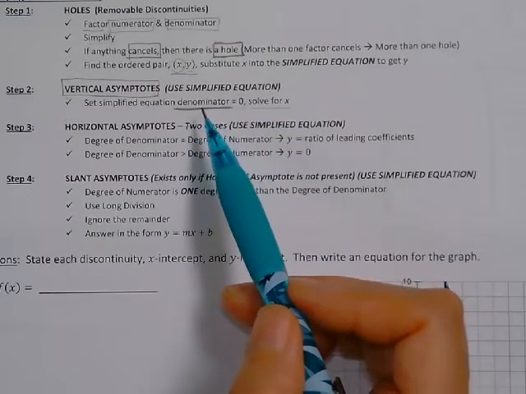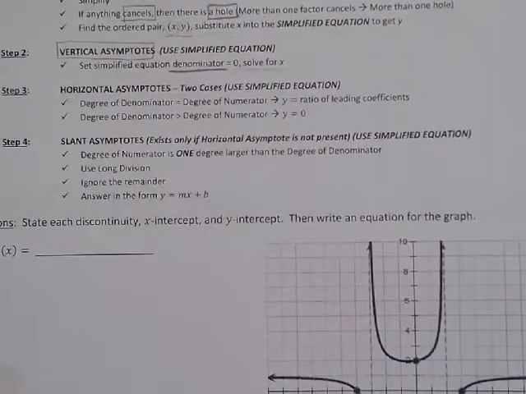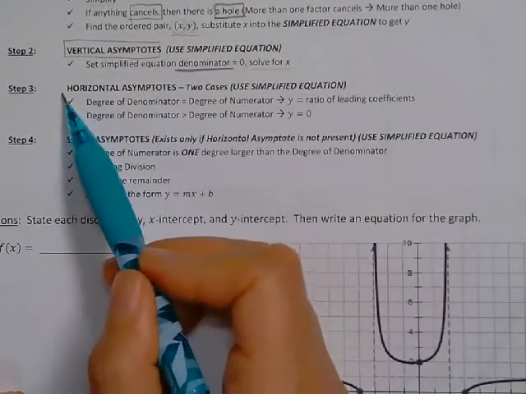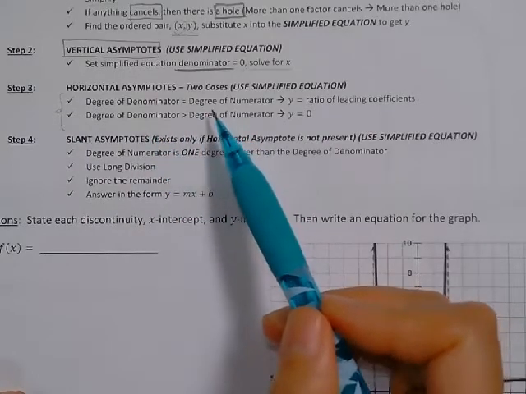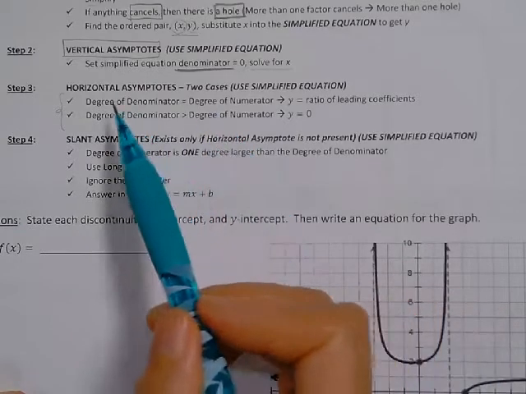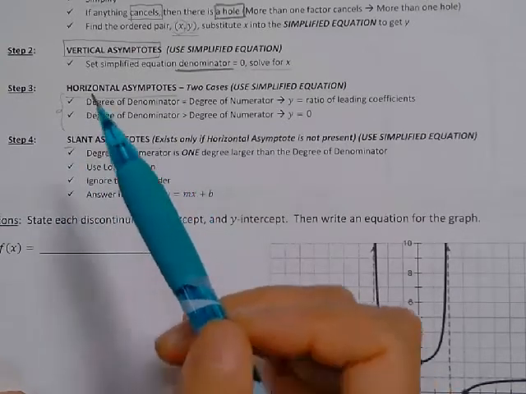You can have one asymptote or you can have multiple vertical asymptotes. It's case by case. Then if you are done with the vertical asymptote, you can observe the degree of the numerator and the degree of the denominator to determine if you have a horizontal asymptote or slant asymptote.